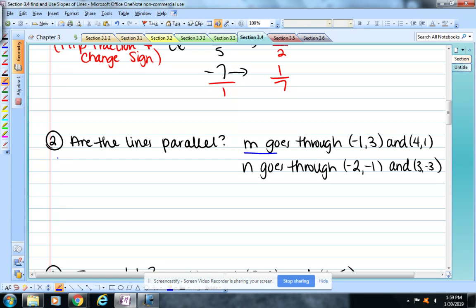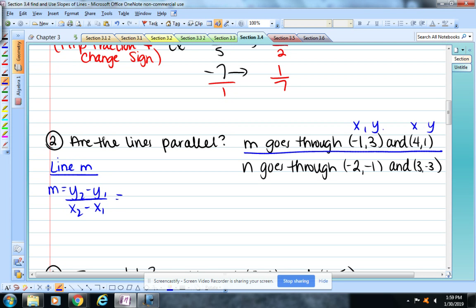I'm going to do M in blue. Okay? So what is my formula for getting the slope? Good. Y2 minus Y1 over X2 minus X1. I'm going to label my points up here. XY, XY, 1, 1, 2, 2.